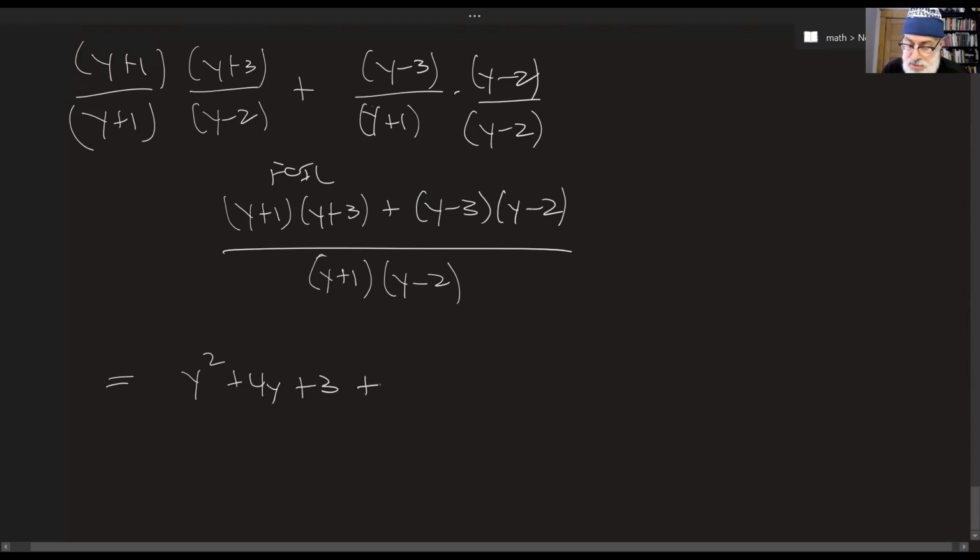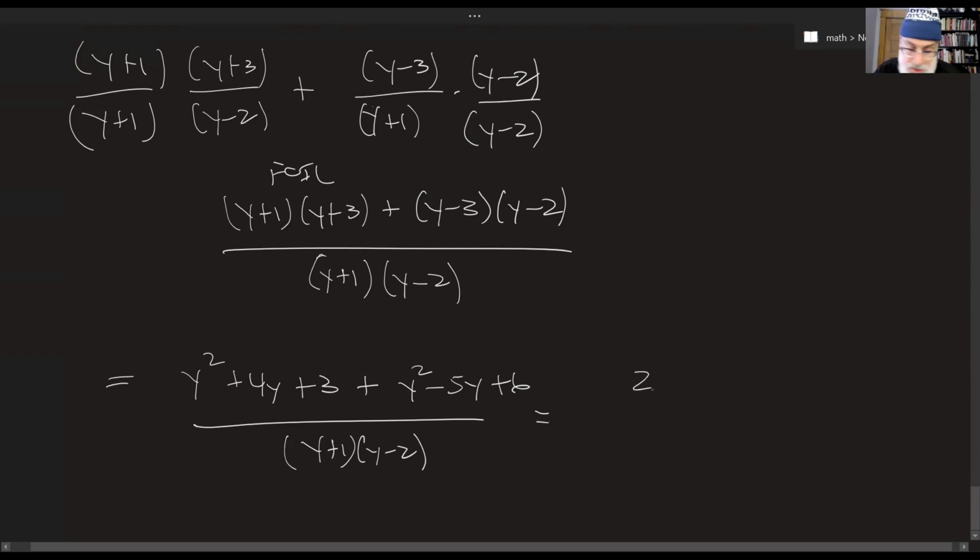We're going to add that to this, which is y squared minus 5y plus 6. That's divided by y plus 1 times y minus 2. Combine like terms: we have y squared and y squared, so write that as 2y squared. We have a y term and a y term, so 4 minus 5 becomes negative y. And then 3 plus 6 is 9.